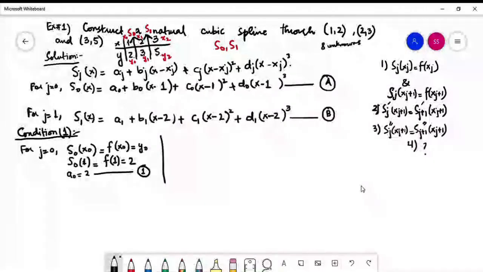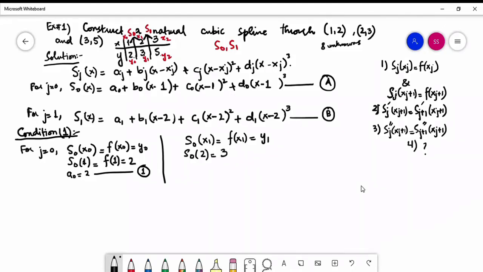The condition Sj at xj plus 1 is equal to f of xj plus 1. For j equals 0, this condition will be S0 of x1 is equal to f of x1, that is equal to y1. x1 is 2, so S0 of 2 is equal to y1, which is 3.